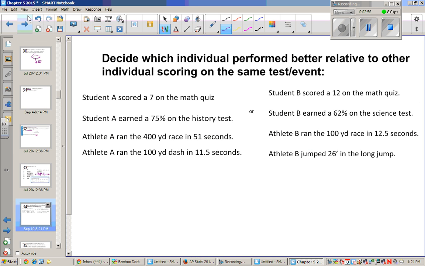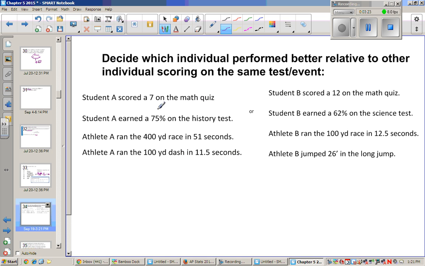Now, what's great about standardized values is they allow us to compare things that aren't as easy to relate. So if student A scored 7 on a math quiz and student B scored 12 on the same math quiz, it's easy to see that this is bigger. But if they are on different math quizzes, z-scores are a good way to compare who actually did better.